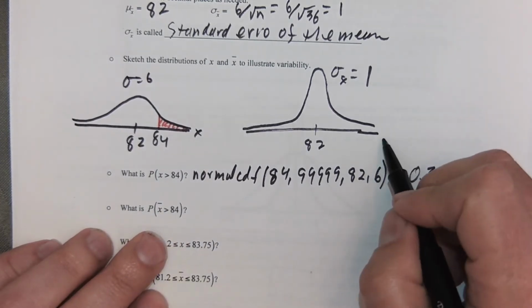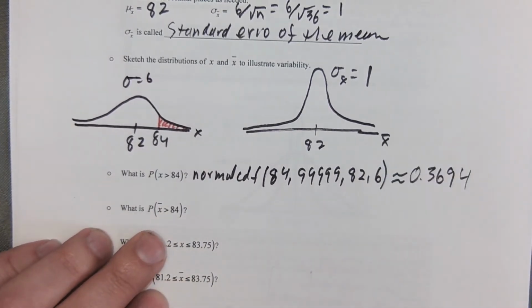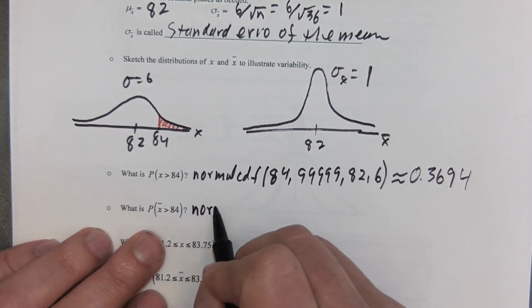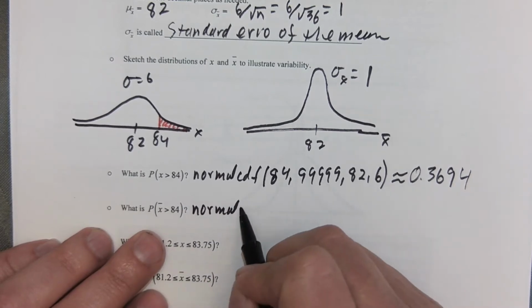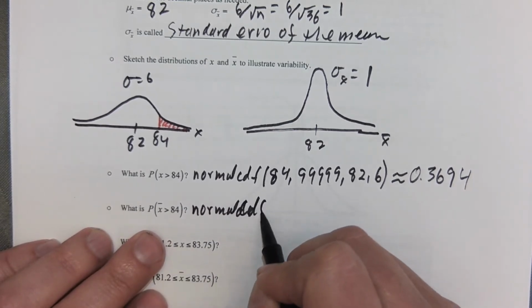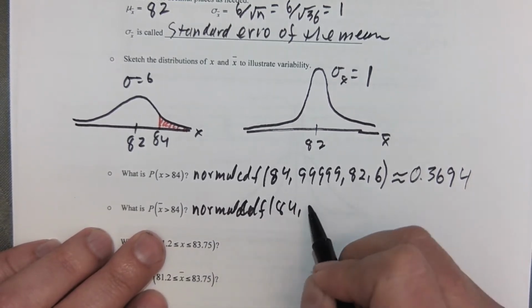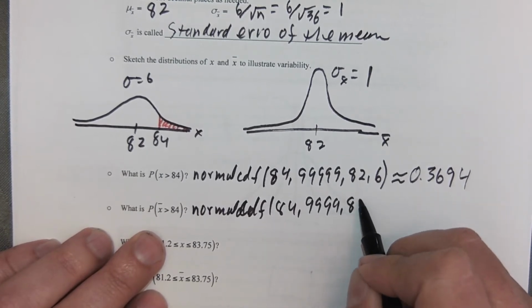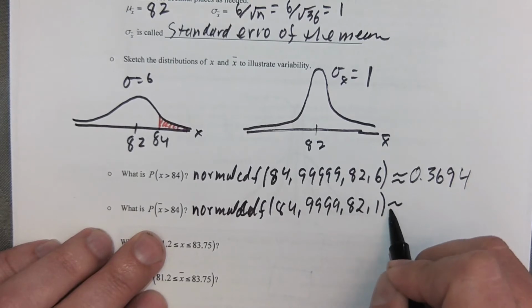But this is x bar, meaning we now have a sample involved, and that's going to change things. Specifically, it's going to change the standard deviation. And we'll see what that does here in a second.